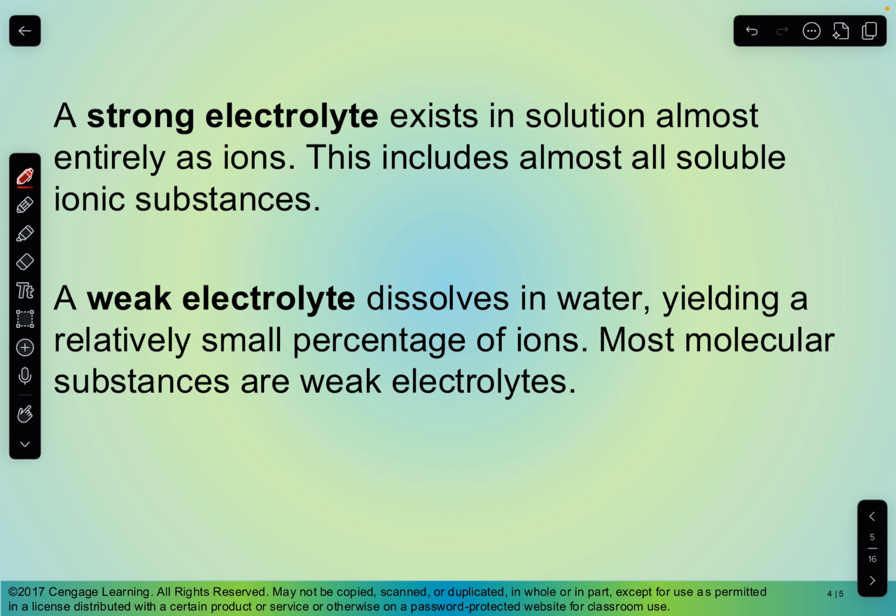And so a strong electrolyte and a weak electrolyte is what we're going to be talking about. Strong electrolytes are going to be things that completely ionize.